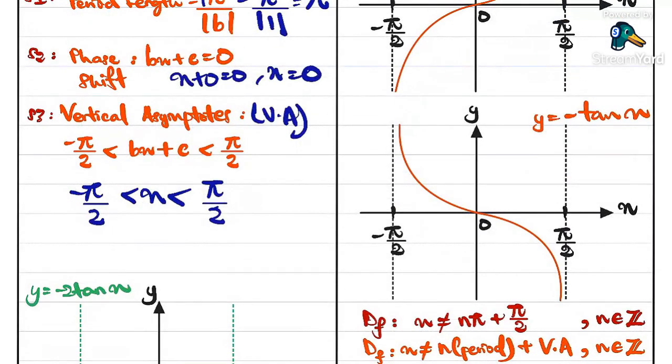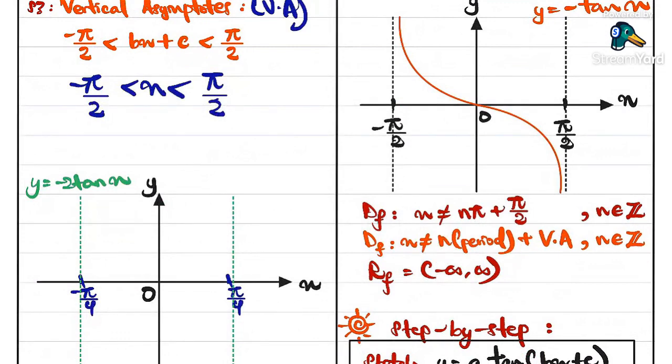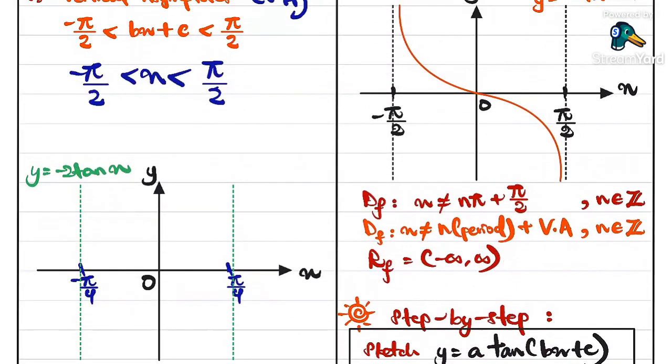You can now go to the sketching part. Here is my frame of the sketching. As you all know my style, I love to draw the gate first. The dotted line here is very important for me. Basically this is a typo, sorry. This should be negative pi over 2 and positive pi over 2.